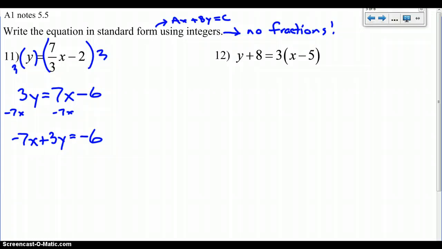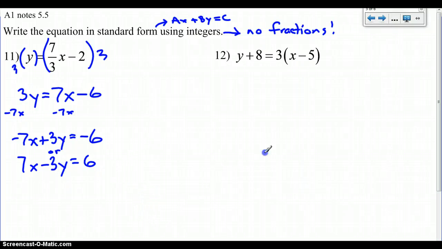Now some people are picky about not wanting that first term, that a term, to be negative, so you may see this written as 7x minus 3y equals 6, where essentially we just multiplied everything by -1. However, being the nice guy that I am, I'm totally fine if you want to leave your answer as negative 7x plus 3y equals negative 6.